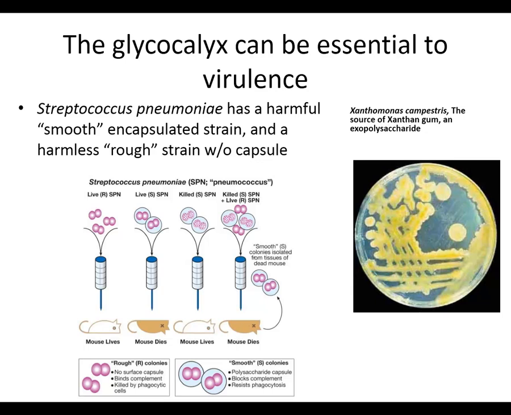The rough strain doesn't, and when we look at colonies of the rough strain on an agar plate, they look all dry and crusty, yeah? And rough. We look at the S strain, the smooth strain, and the colonies on the agar plate look slimy and glossy, like this guy looks slimy and glossy, okay? And so it looks smooth.